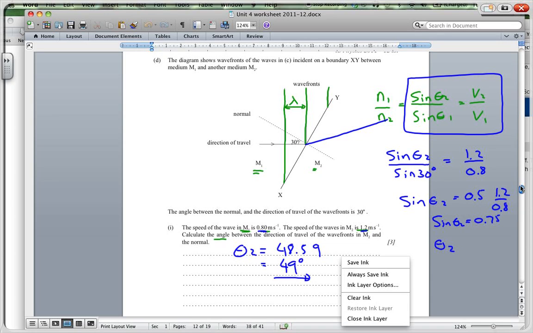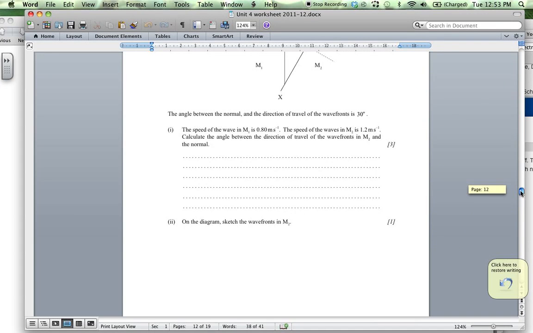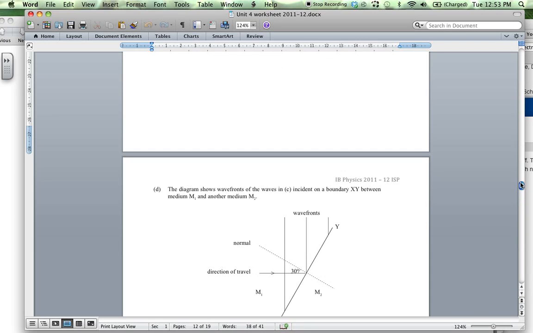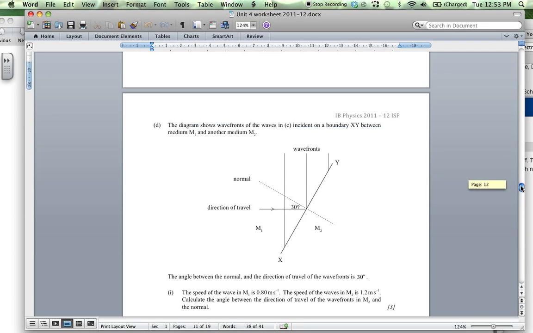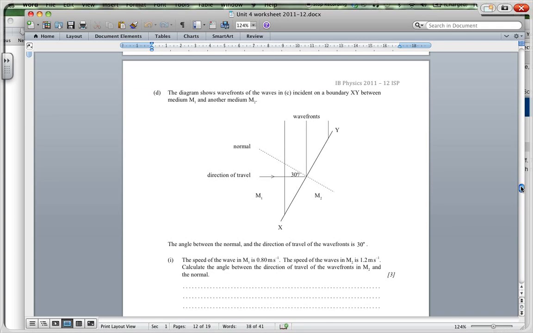And then the next part of the question says, on the diagram sketch the wavefronts in M2. Now you don't have to use a protractor or anything, but it needs to be reasonably realistic. If I go directly across, that would be what they are, but your waves are now moving like that.